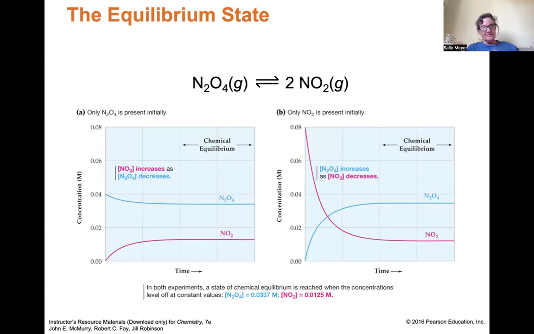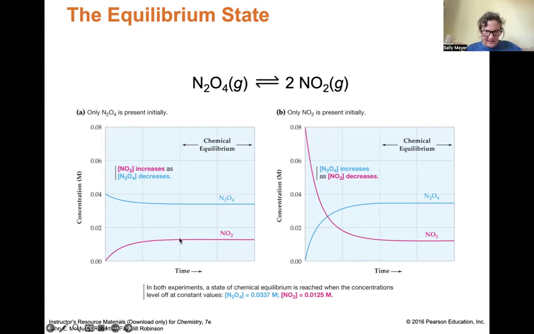This is a couple of graphs showing you that in this particular reaction, it doesn't matter what you start with. On the left-hand side, we started with N2O4, and so its concentration is decreasing, the blue line, where the product's concentration is increasing.